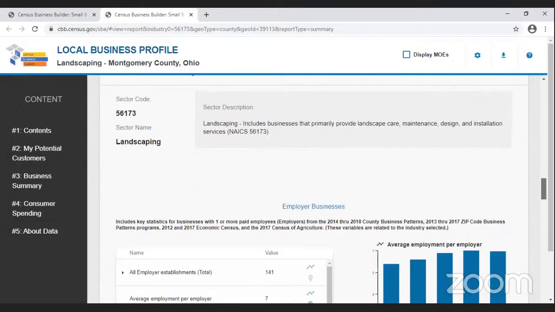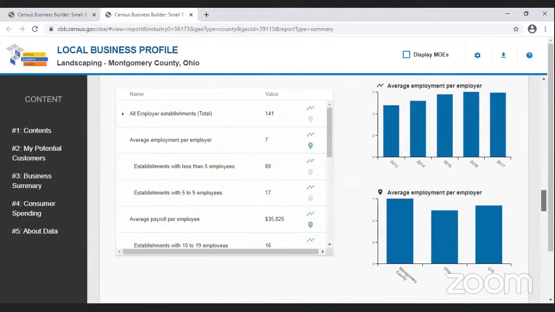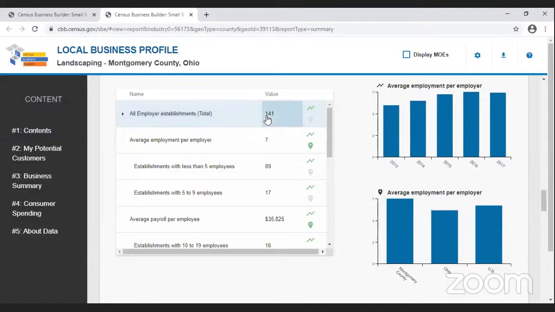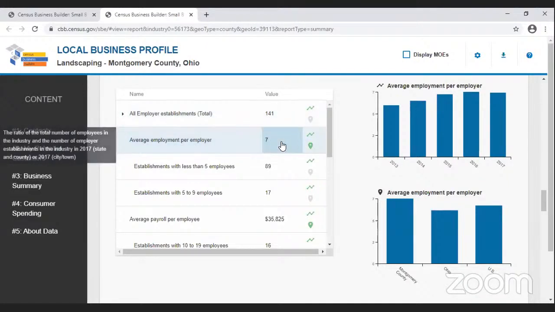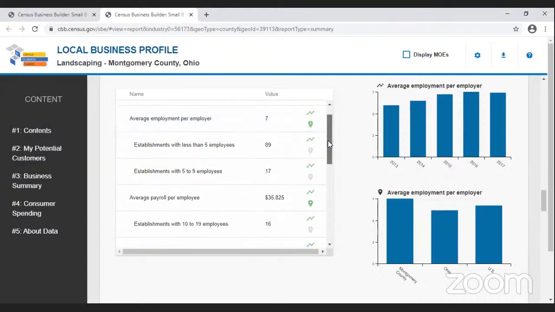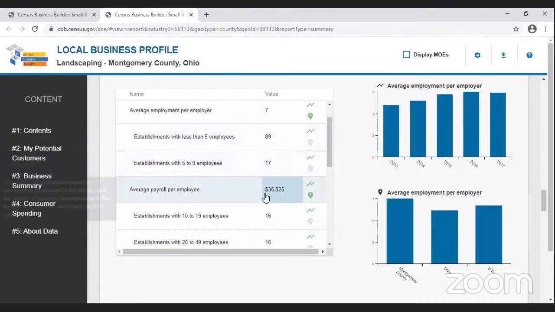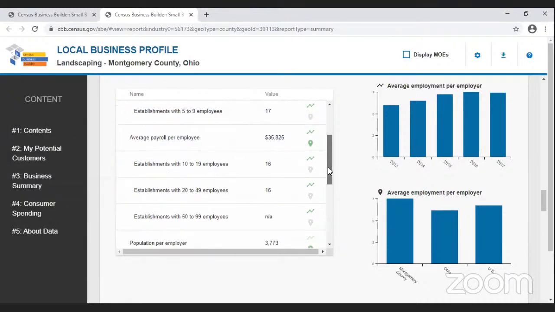And then you've got your business data now, your economic data. This is your county business patterns data. So there's 141 landscaping businesses. They average 7 per landscaping business. You can see the sizes of them. What's their payroll?